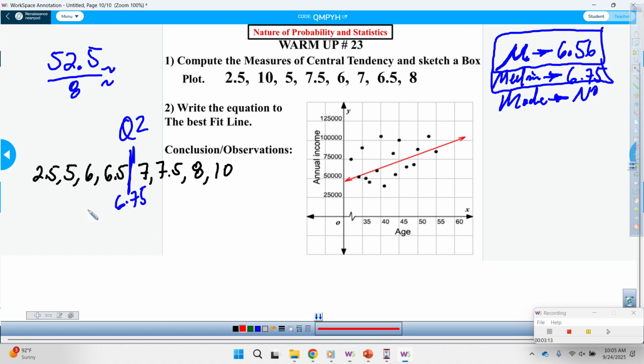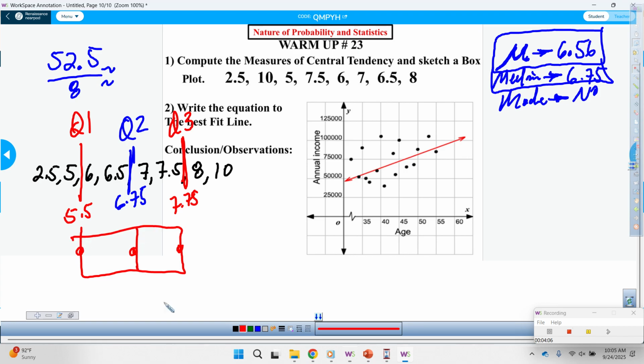Sean, Q1. Q1, 5.5. That seems to be right. How about Q3? 7.75 looks about right. We get our box plot for those three.